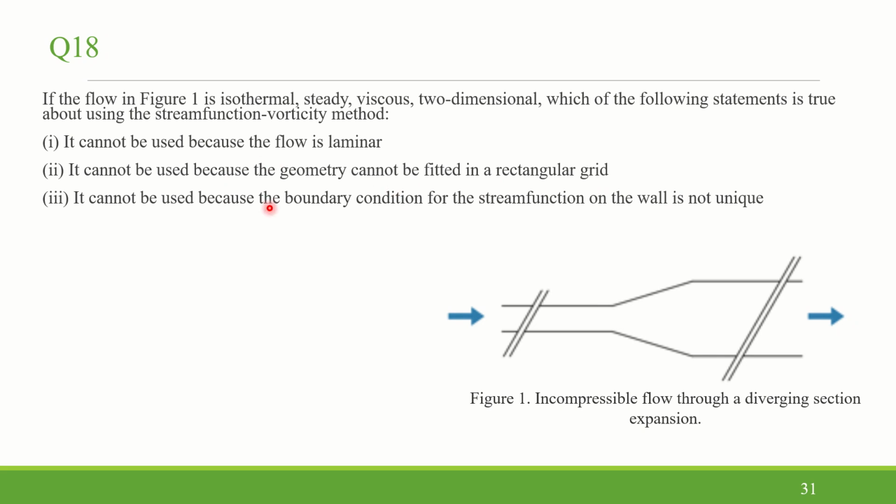Third: it cannot be used because the boundary condition for the stream function on the wall is not unique. Again, this is false. So all three statements are false. If we look at the options, option A is 1, option B is 2, option C is 3, option D is none of the three is correct. So the right answer to this problem is option D, none of the three is correct.